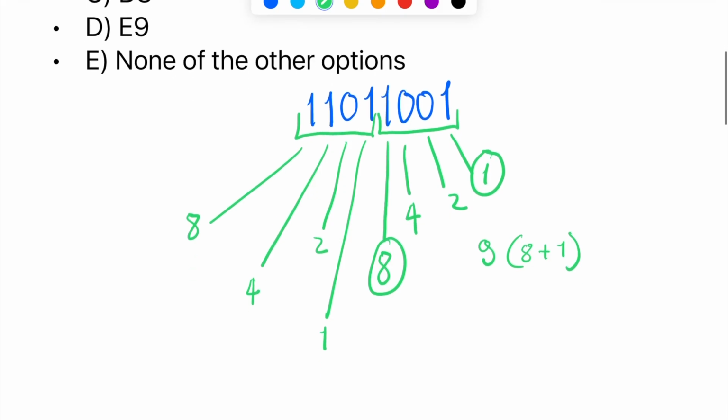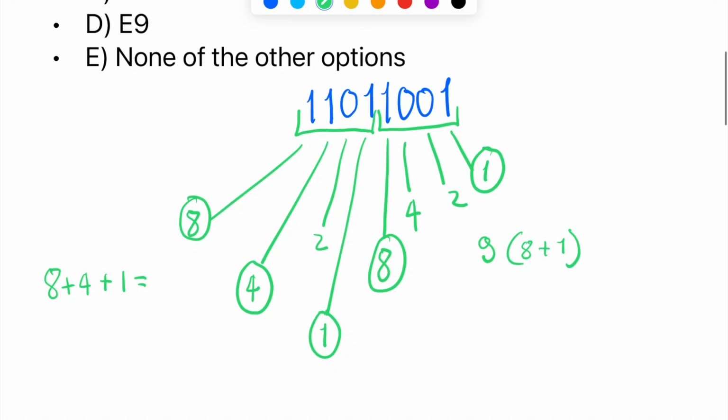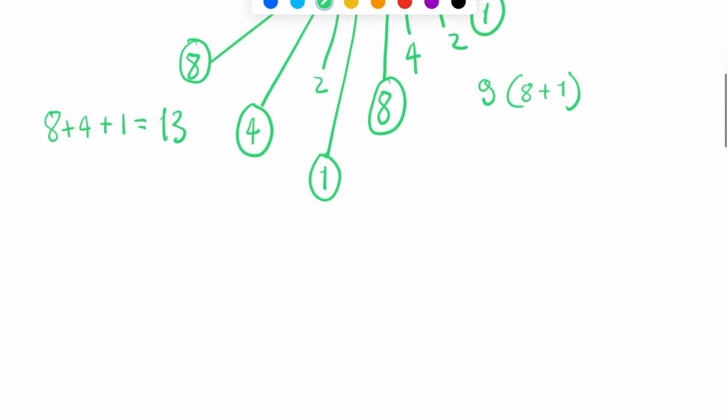Here we are circling 8, 1, and 4. So 8 plus 4 plus 1 gives us 13. Now we have the numbers 13 and 9.